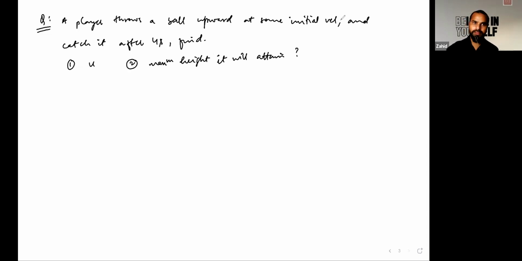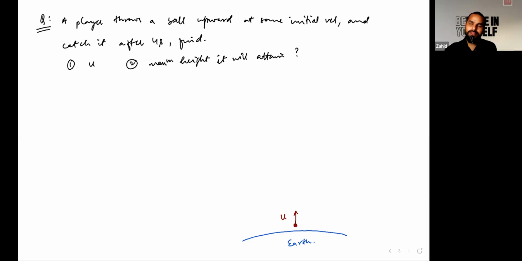I'm giving you some clue regarding how to solve this problem. As we have just discussed in the last part, suppose this is your surface, that is the surface of Earth. In this problem, a ball is thrown upward by a player. Suppose this is your ball, thrown at some initial velocity u.